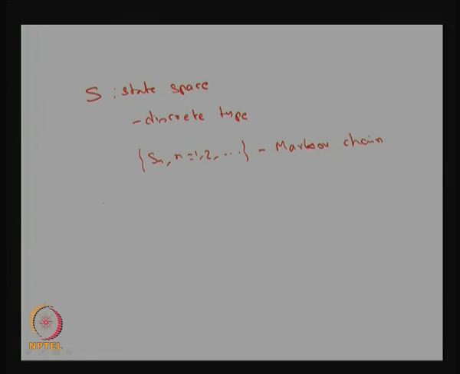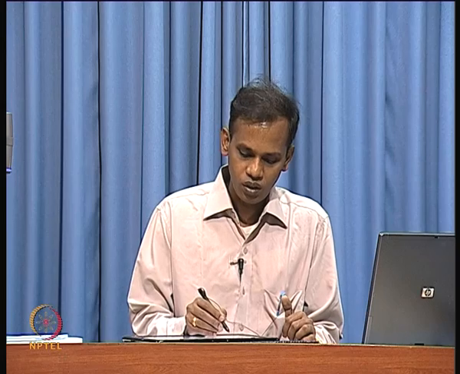Now, based on the parameter space capital T, the parameter space is the possible values of T. Whether it is finite or countably infinite, then it is a discrete parameter space or discrete time, or it is uncountably many values, then it is called continuous type.